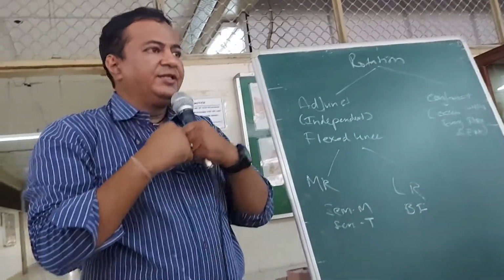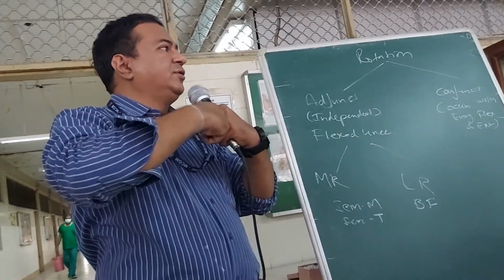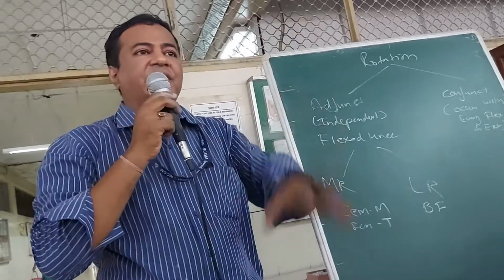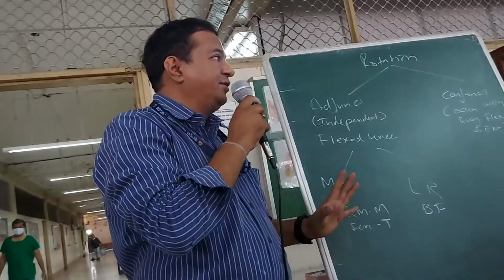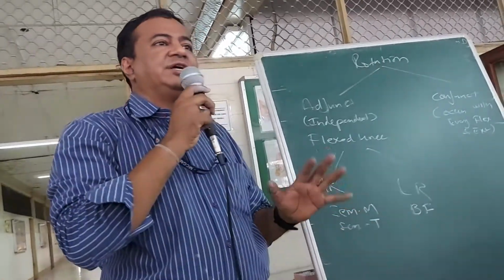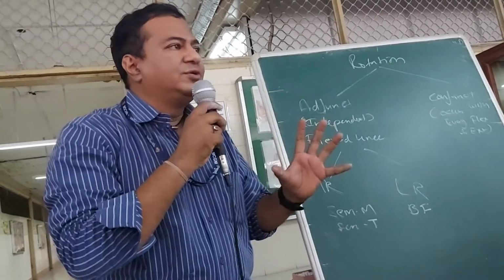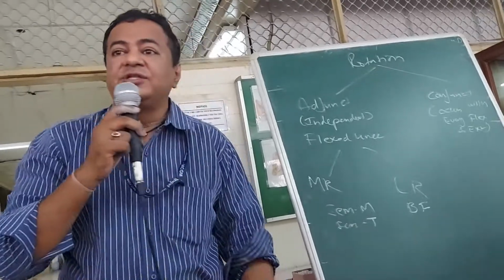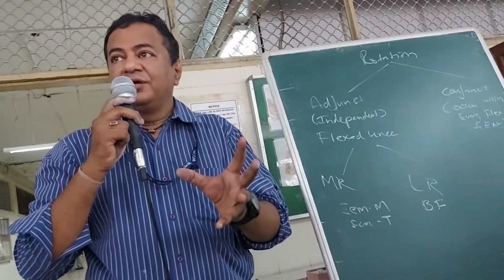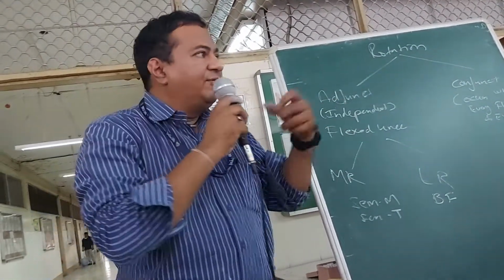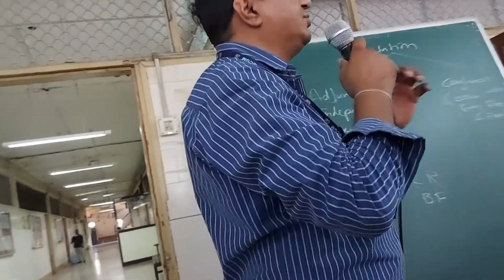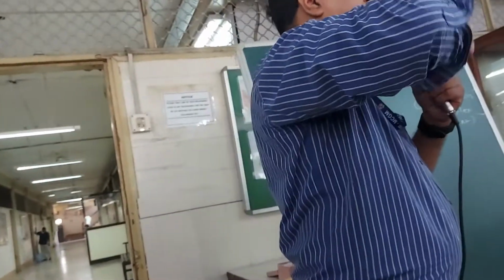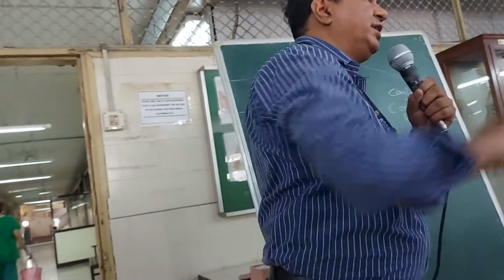So when I am standing like this, both my knees are locked. The advantage is that my muscles are not strained. In the standing position, otherwise our quadriceps would have to be continuously in a contracted state. So the knee gets locked. I'll explain it to you on bones next time.